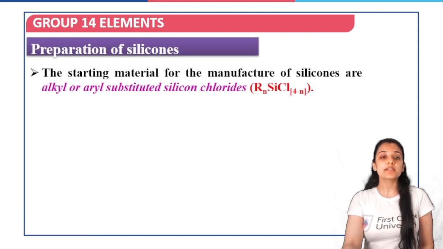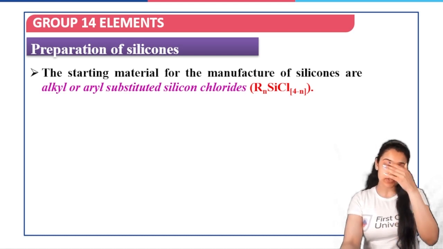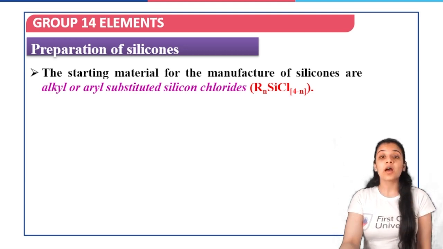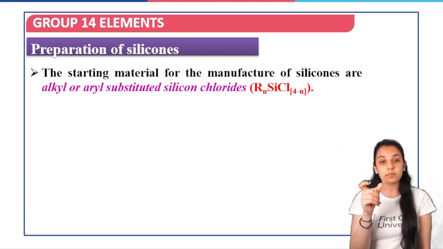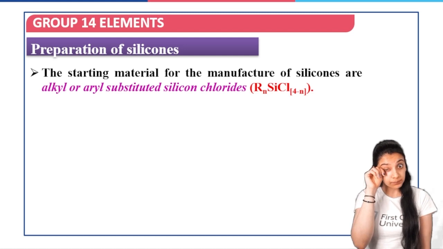Now, how are silicones prepared? The starting material for the manufacture of silicones are either alkyl or aryl substituted silicon chlorides. Okay, so RnSiCl4-n is the formula for alkyl or aryl substituted silicon chlorides.